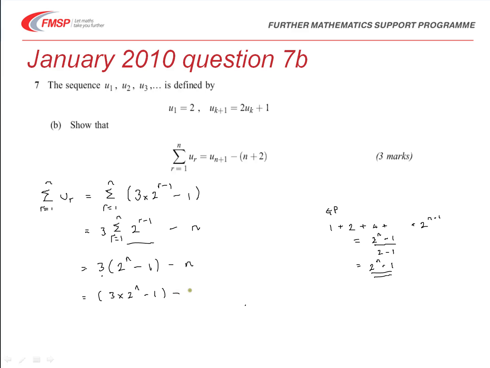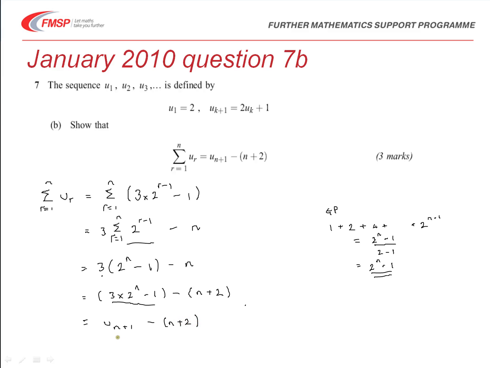So if I collect that together with this n here, this becomes n plus 2. Okay, so you need to satisfy yourself there. You can see what I've done with multiplying out the bracket and splitting the minus 1 and putting the 2 with the n, because now this term here is equal to u_(n+1). And so I've got the result that I required.